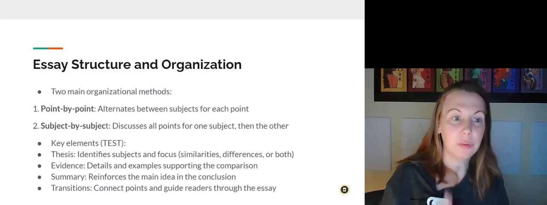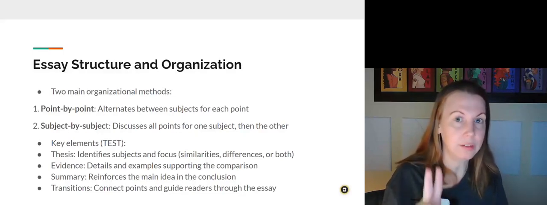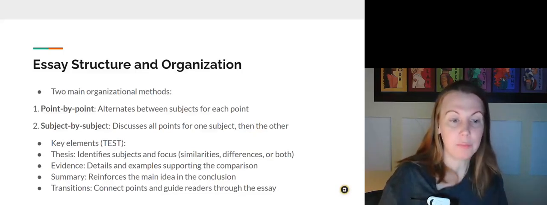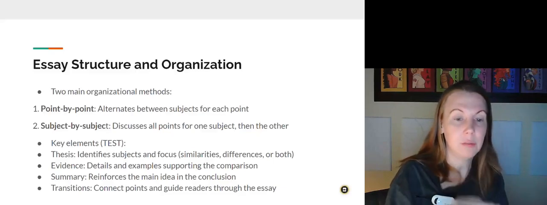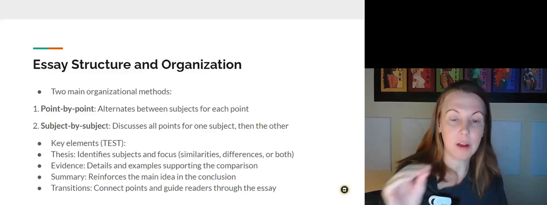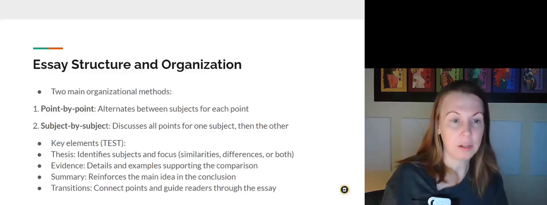The essay structure and organization: there's two different ways we could do this. It's point by point, where you alternate subjects for each point, and then it's subject by subject, which discusses all points from one subject and then the other.